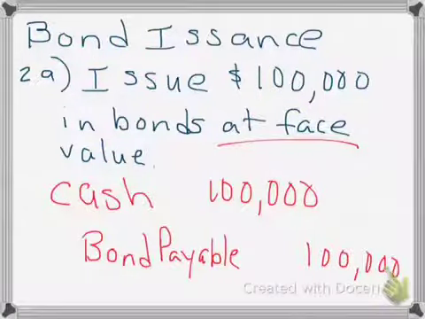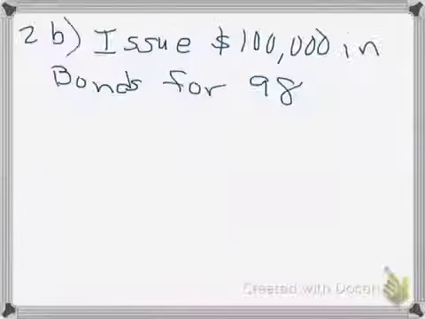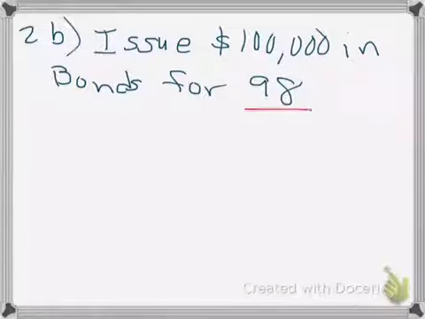So this is at face value. Face value just means that whatever the face value of that bond is, that is how much money you're actually going to be getting. The next one we look at says we are going to issue $100,000 bonds for 98. Now this 98 actually means 98% of the face value.